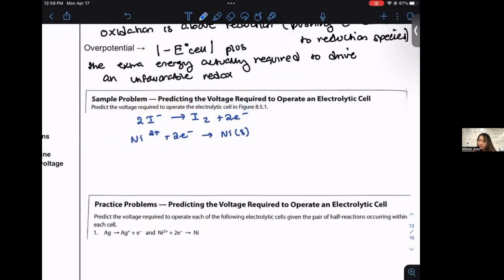And you would find that your E naught oxidation would become negative 0.54, which means, by the way, we're forcing a species that is actually a decent reduction to undergo oxidation, and that means we flip the sign, making it negative. And then the E of reduction for the nickel half reaction is negative 0.26. And we would get that our E cell would be negative 0.80 volts, which is very unfavorable. We want a positive E cell. That indicates spontaneous redox, Olivia.